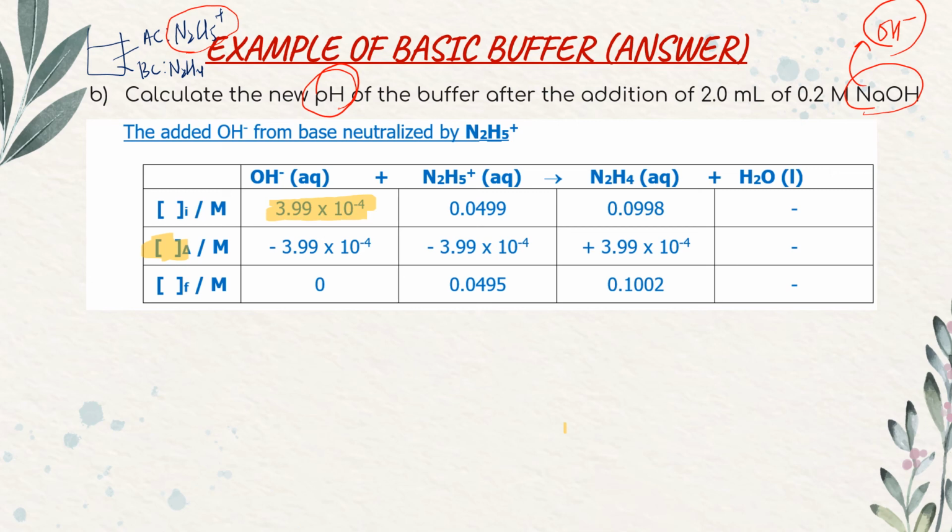So remember, our target is to remove all the added disturbance, all the added hydroxide ion. So how much to subtract? Subtract 3.99 times 10 to the negative 4, so in the end we will get zero. Then adjust for all the others. N2H5 plus is the reactant, so it will decrease by 3.99 times 10 to the negative 4 because the ratio is 1:1. Then N2H4 is the product, so it will be produced: add 3.99 times 10 to the negative 4, because the ratio is 1:1. If the ratio were 1:2, you would multiply it.